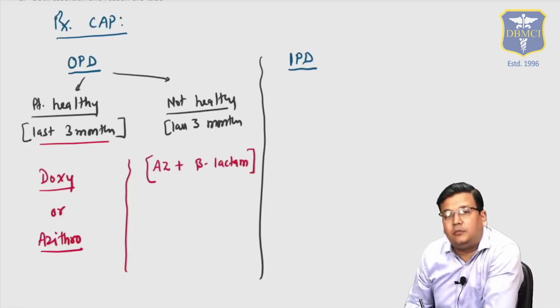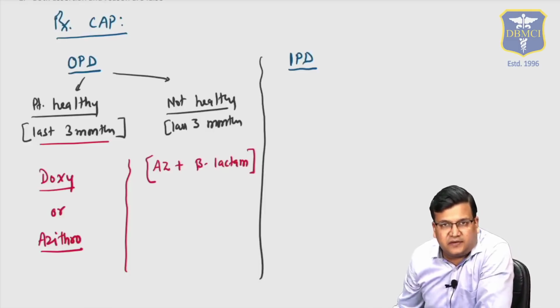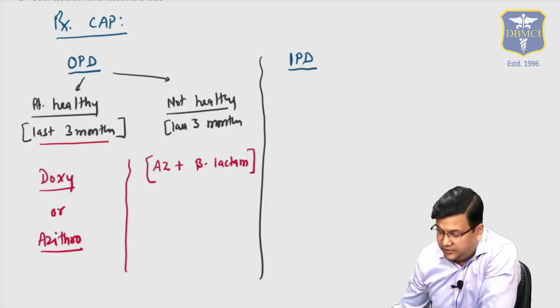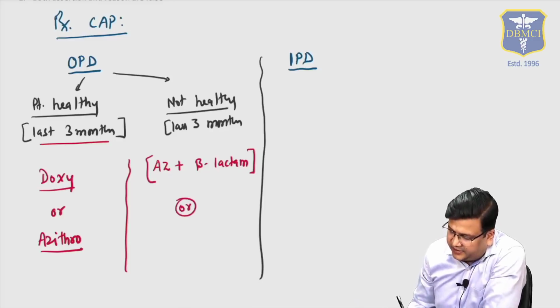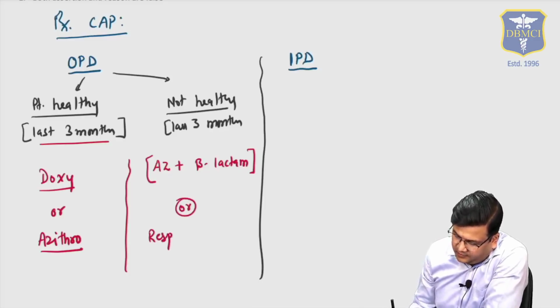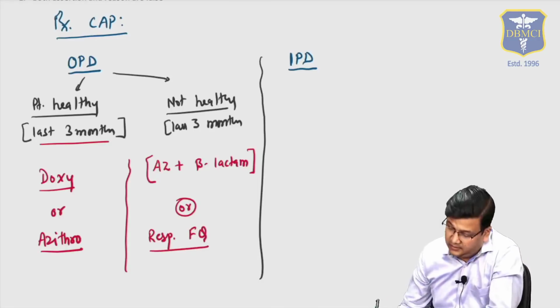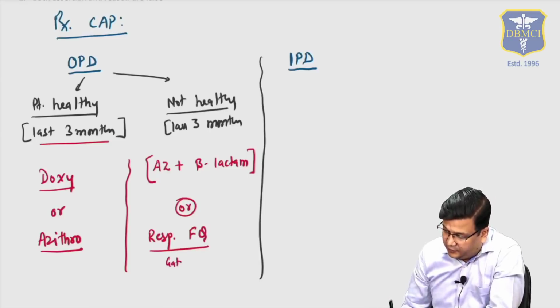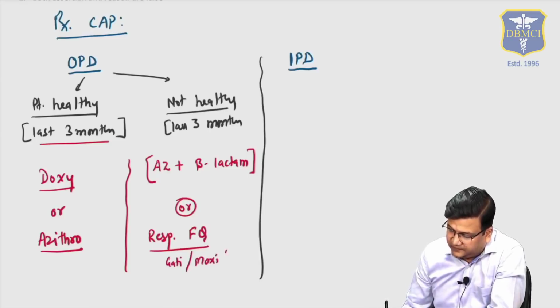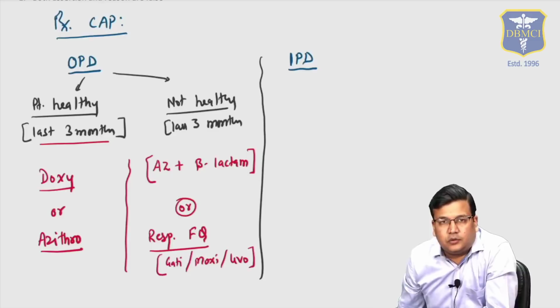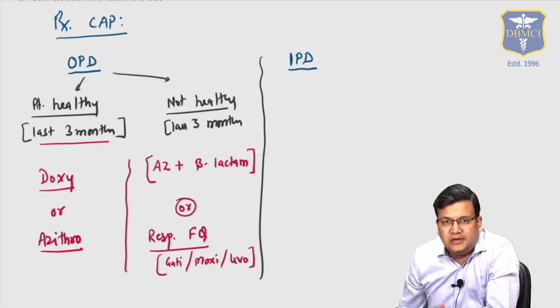So either we can give him this combination, a beta lactam like amoxiclav can be used, amoxicillin clavulanic acid combination, or instead of this we can give him a respiratory fluoroquinolone like gatifloxacin, moxifloxacin, levofloxacin, respiratory active fluoroquinolone. So either azithro plus beta lactam or respiratory fluoroquinolone alone. This is the OPD treatment of a previously unhealthy patient presenting with community acquired pneumonia.